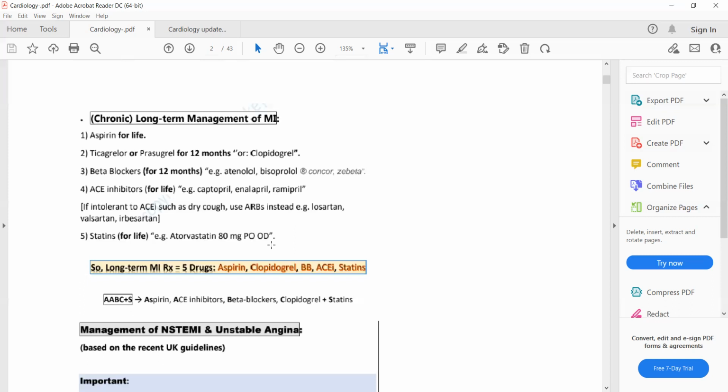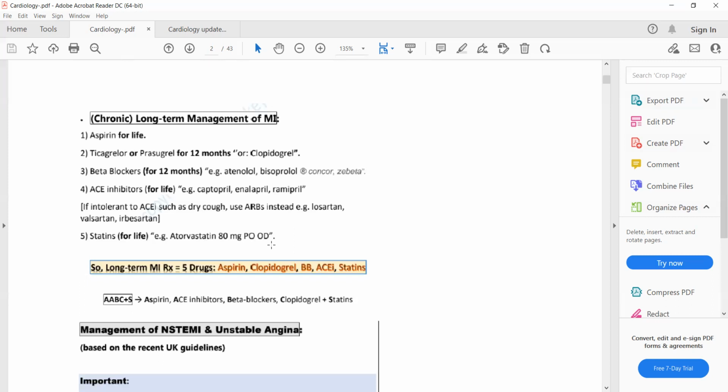And if he has to undergo angiography within the next 24 hours, or his renal functions are not normal, his creatinine is raised, more than 265, then unfractionated heparin will be given.